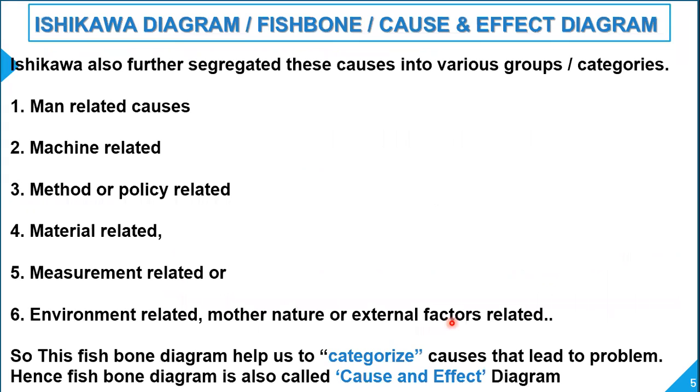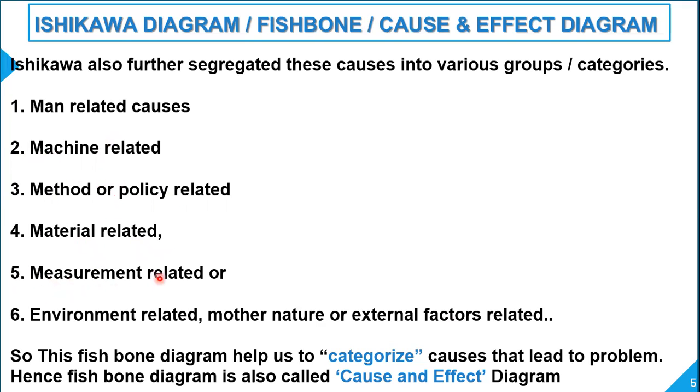Right, so the Ishikawa diagram, which is also called a fishbone diagram or cause and effect diagram, further segregates the list of causes into various groups or categories. The very first category is man-related causes. Second category is machine-related causes. Third is method or policy-related causes. Fourth is material-related causes.